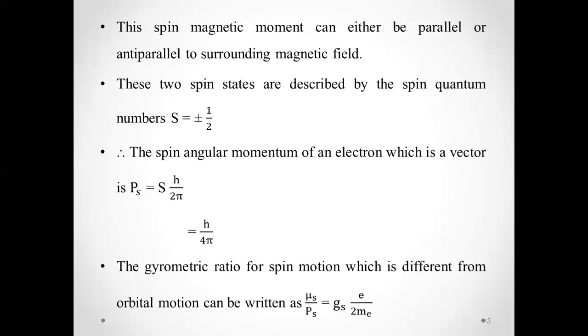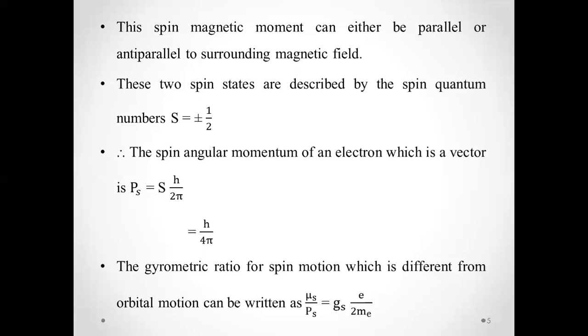Therefore, the spin angular momentum of an electron, which is a vector, Ps, is given by s into h divided by 2 pi. Since s can take the value of plus half, we get the spin angular momentum as equal to h divided by 4 pi.